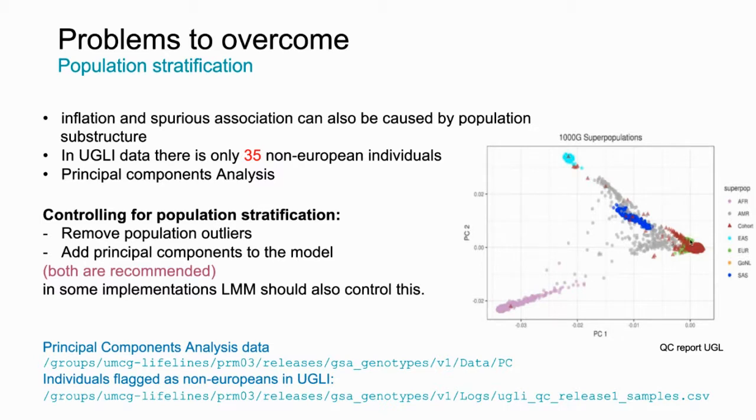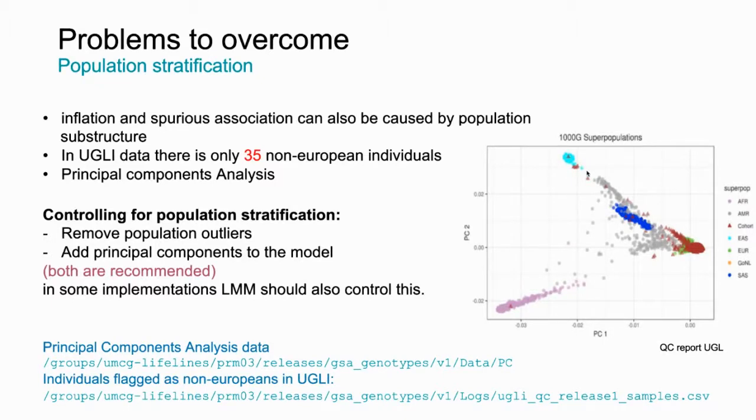The brown triangles are the UGLI data, and the other dots are individuals from the 1,000 Genomes superpopulations, so different populations. You can see that most of the UGLI data is clustered together with European populations of 1,000 Genomes, and then the 35 or so outliers are clustering together with other populations. Here you see them with Asian and others.